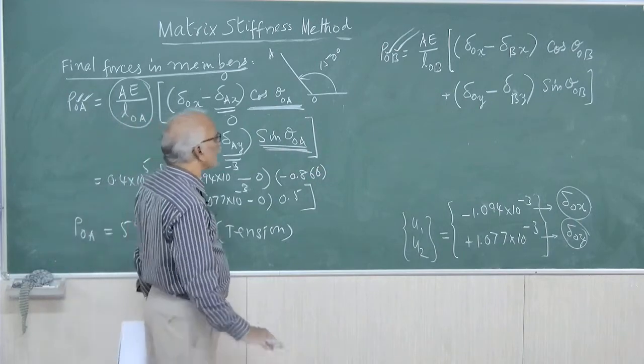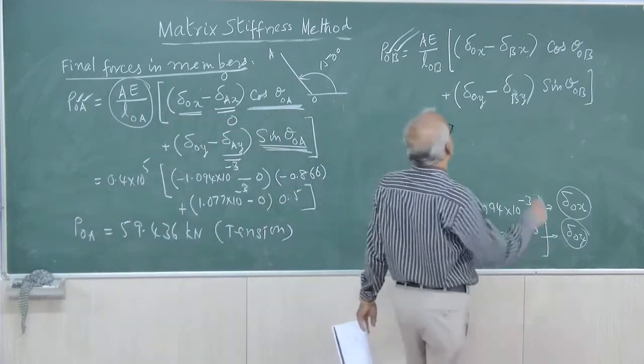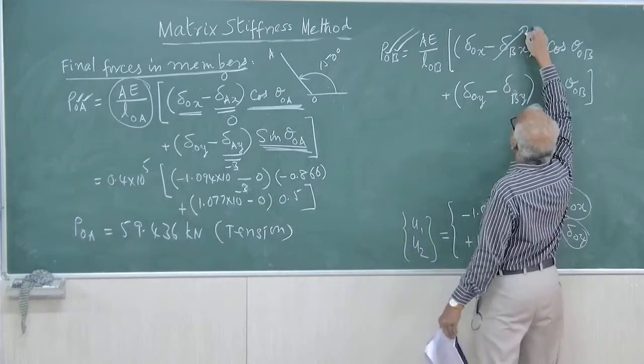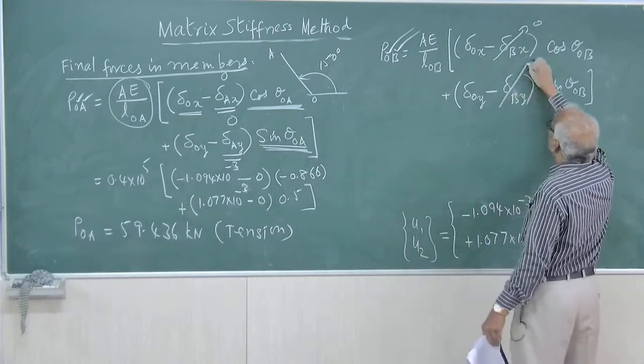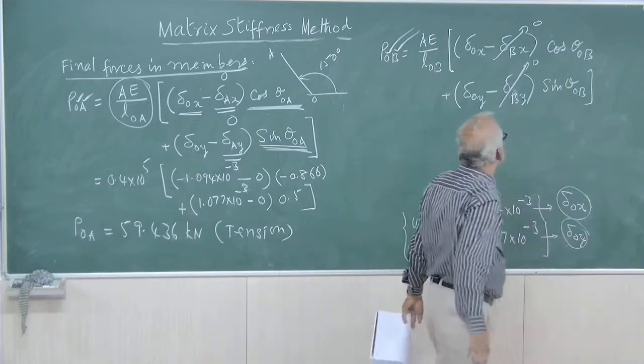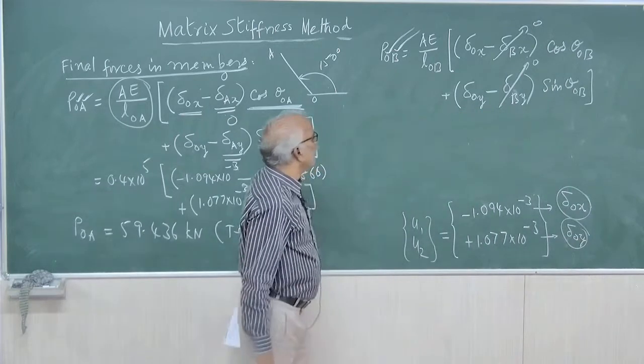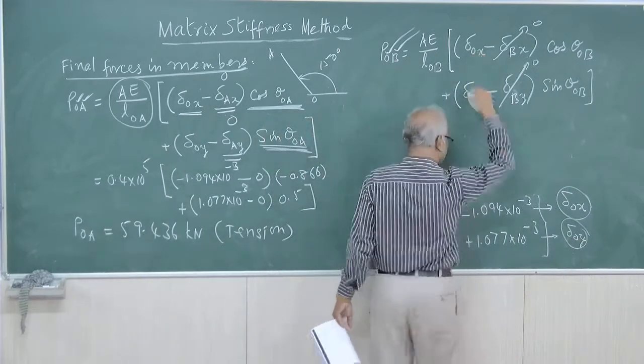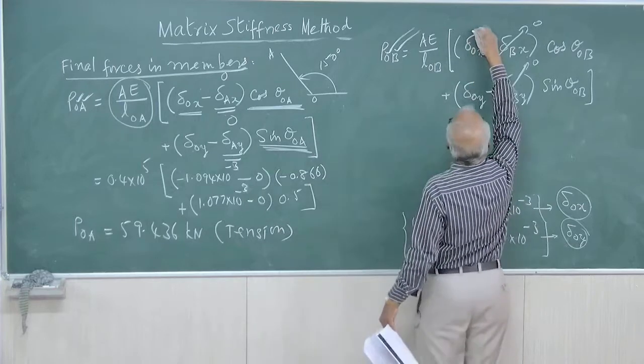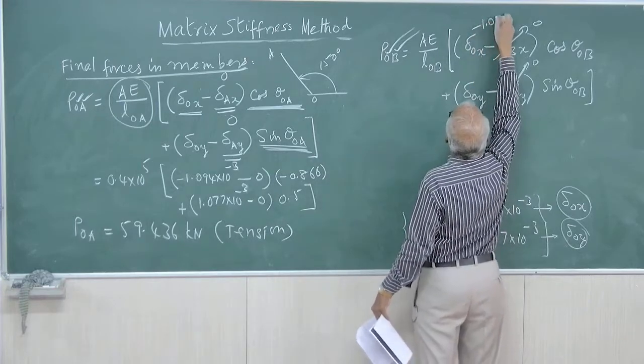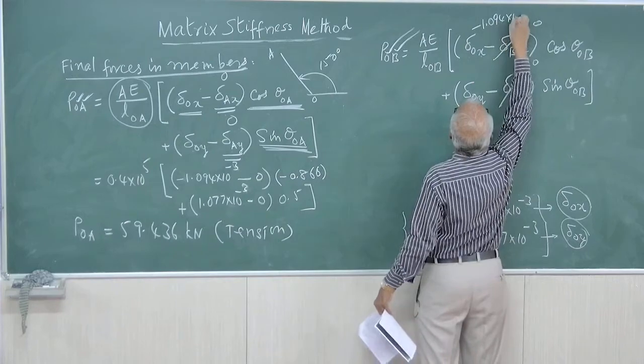Number two, here also at the point B, the displacement in the x direction is 0, and the displacement in the y direction is 0 for the point B. B is at the rigid joint. Now this value is available. This value is minus 1.094 into 10 power minus 3.